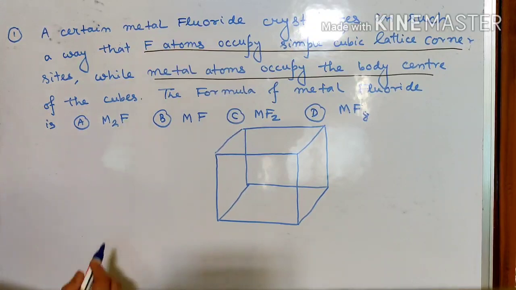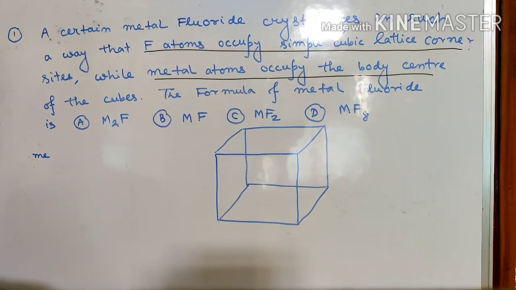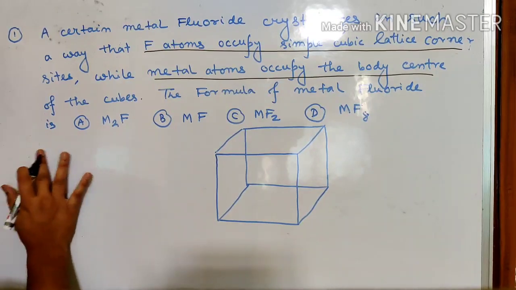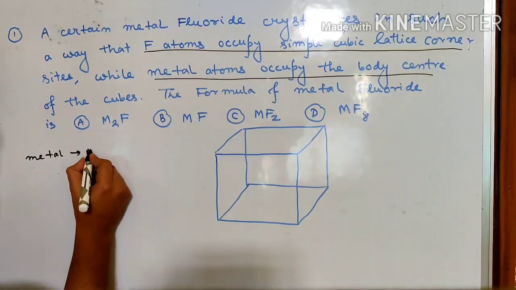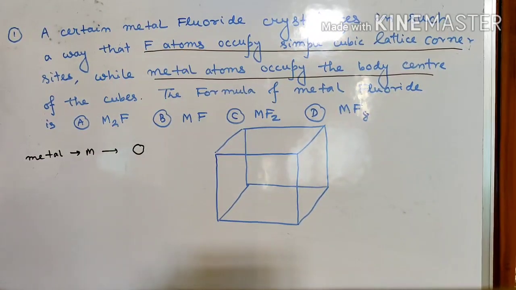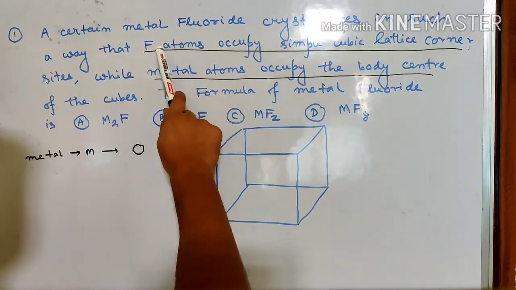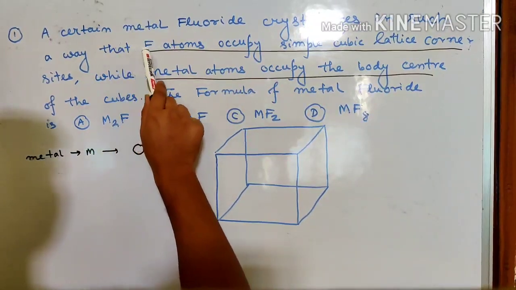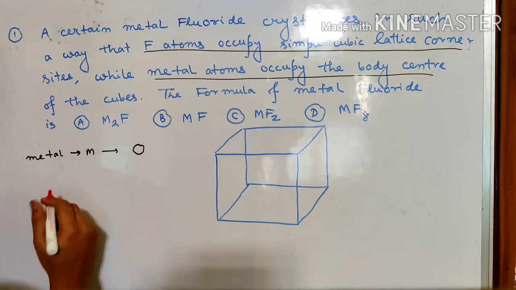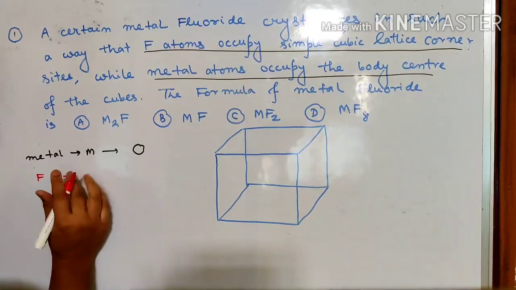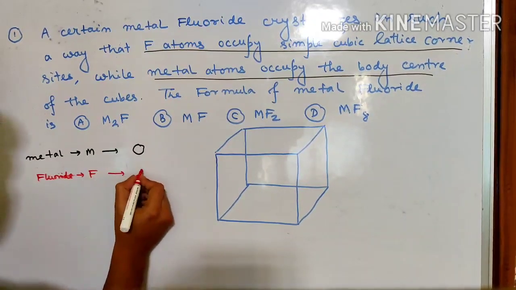Now, metal atoms, that means M. Suppose it is this type, and if atoms occupy the corners, so fluoride atoms, that is F, that occupies the corner.